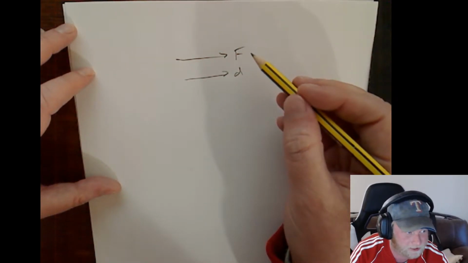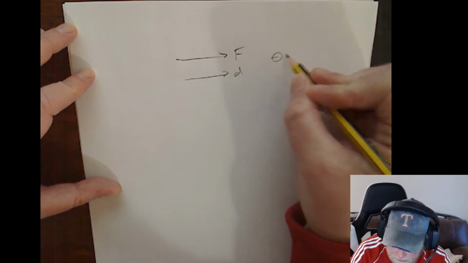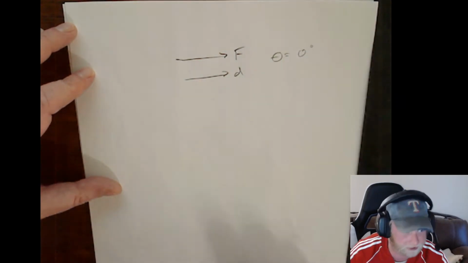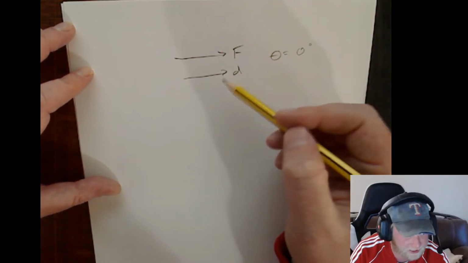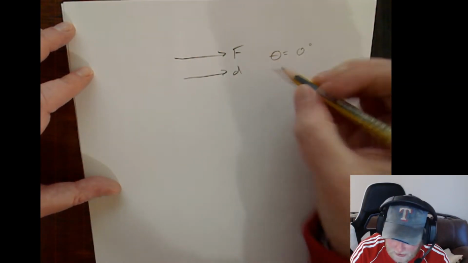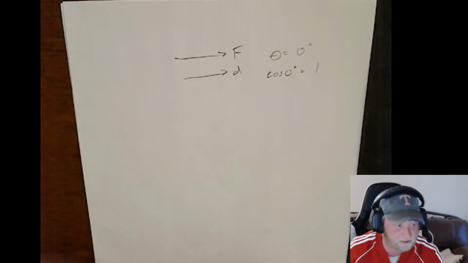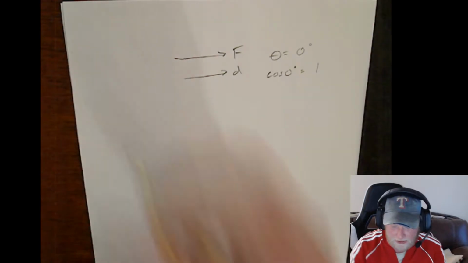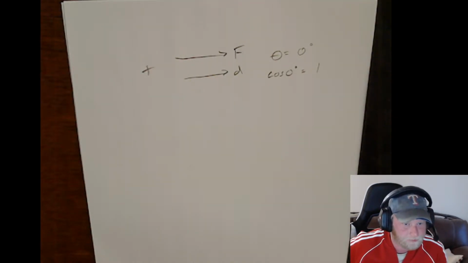So the force vector is to the right, the displacement vector is to the right as well. Well, the angle of difference between those two vectors is 0 degrees. There's no difference in angle between those two vectors. And so if you look at the cosine of 0 degrees, the cosine of 0 is 1.